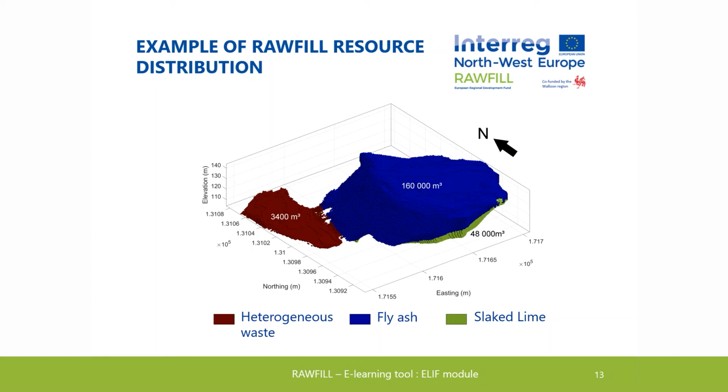For instance, in this RDM, we can see that the landfill consists of 3 distinct zones: 1. The heterogeneous waste. 2. The fly ashes. 3. The slaked lime. This approach dramatically reduces survey costs and time and supplies the ELIF datasheet with helpful information.